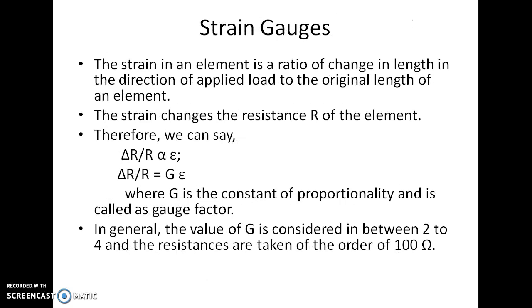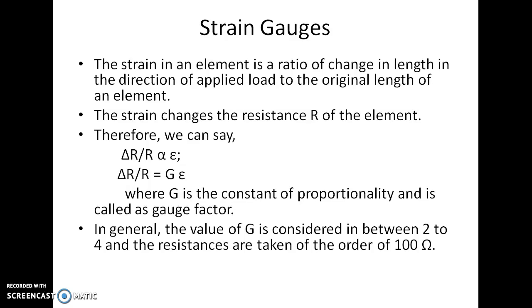The next type of sensor is the strain gauge. Strain is the ratio of change in length, in the direction of applied load, to the original length of an element. We know what strain is from previously also.